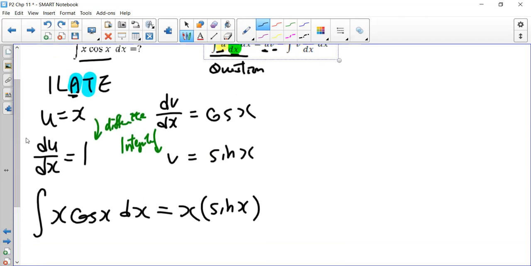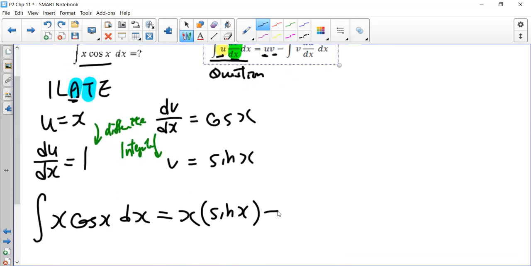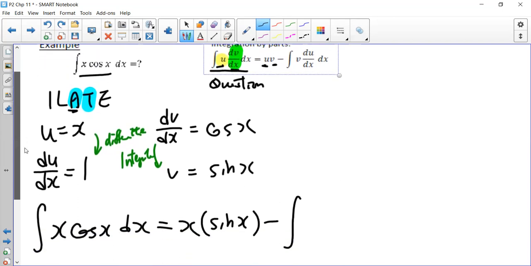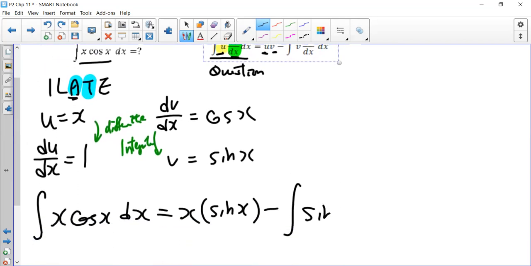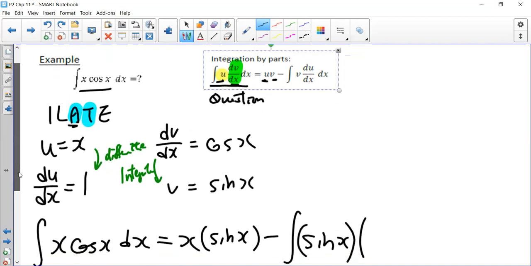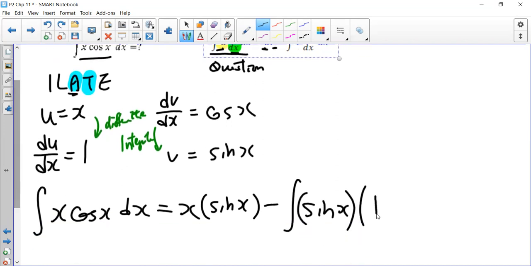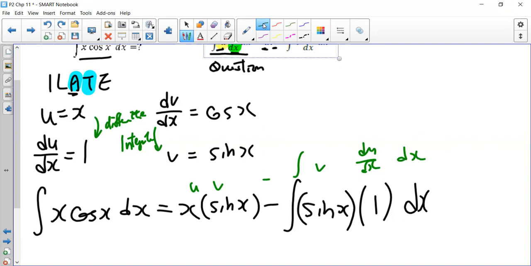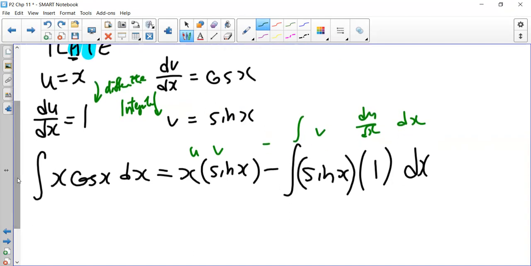Minus the integral of v, sin x, times du over dx, which is 1, dx. So that's how we rewrite the formula: uv minus the integral of v du by dx. That's how we apply integration by parts.